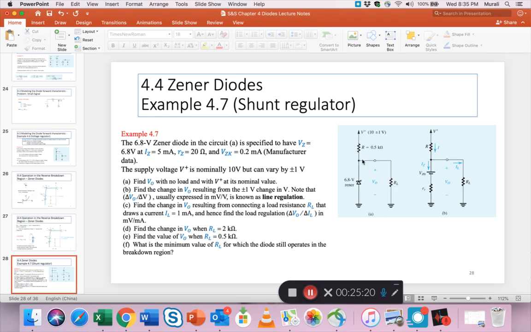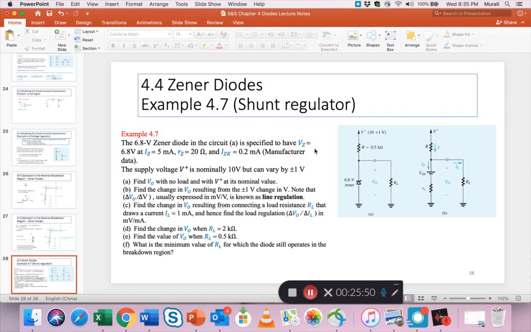So we are given a 6.8 volt Zener diode, which is normally how they give it, and it also has some other data that's given by the manufacturer. It has that IZK, the Zener knee current, as it's called, as 0.2 milliamps.